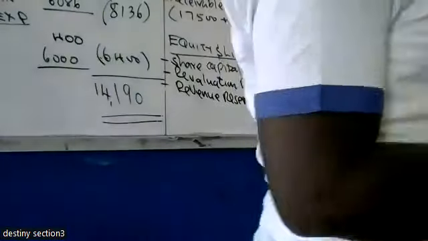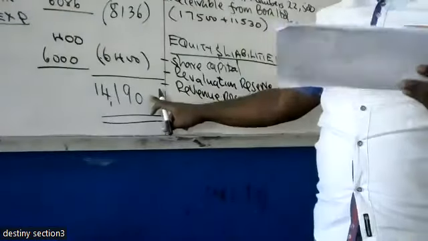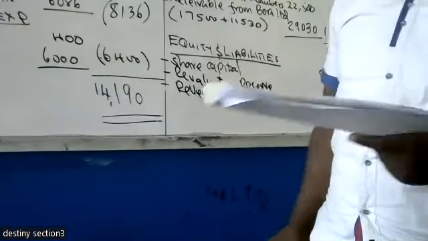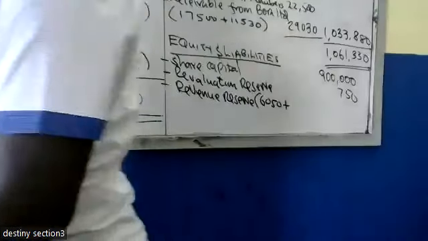Surplus for the year, you people got how much? 14,190. Subject to note number 6. Check additional information number 6.